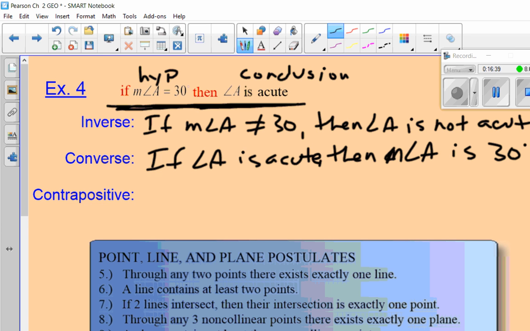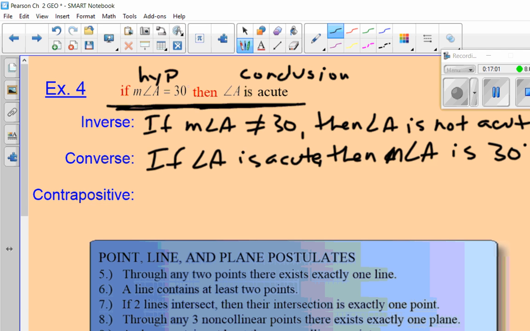Acute has an E on the end. Sorry about my writing there. So that's false. We already talked about that in the previous example. If it's acute, then it's 30 degrees. Well, it could be something else.